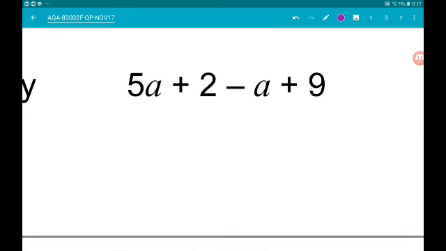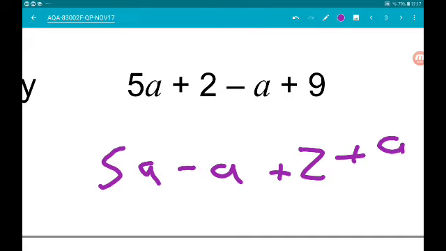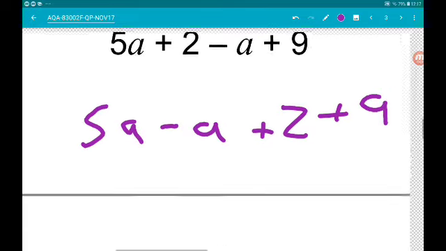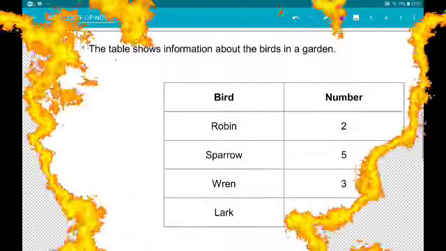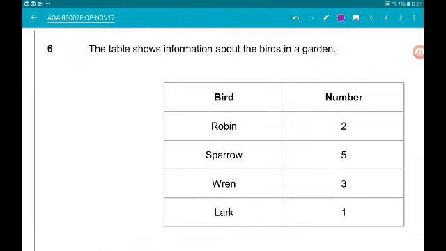So we can rewrite this as 5a minus a add 2 add 9. 5a minus a is 4a. 2 add 9 is 11. Cool.